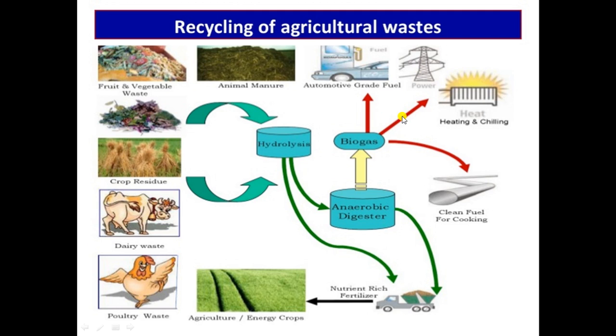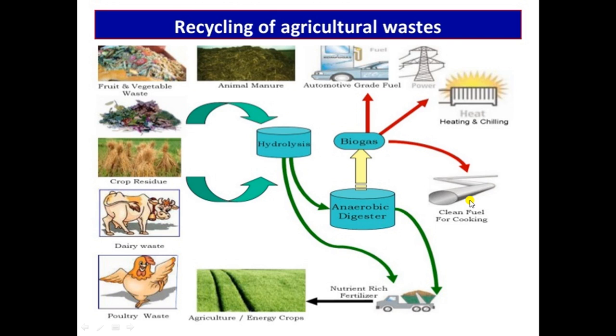At industrial level, biogas is used to ignite the engine, and this engine generates electricity, which the company can either consume itself or feed to the government grid. Power is the end product we get by managing the agricultural waste.